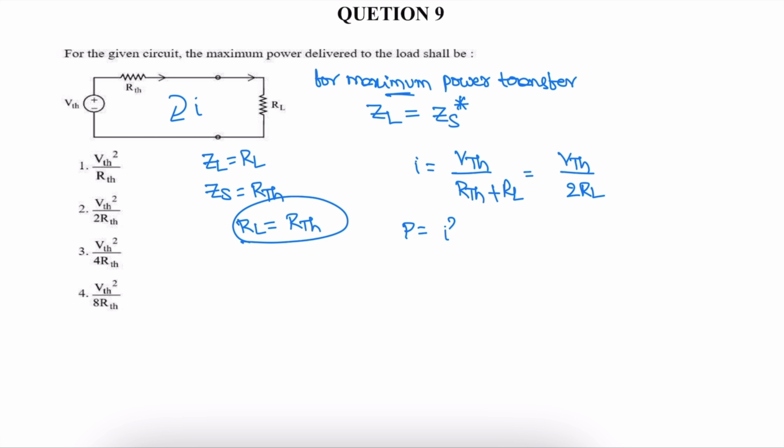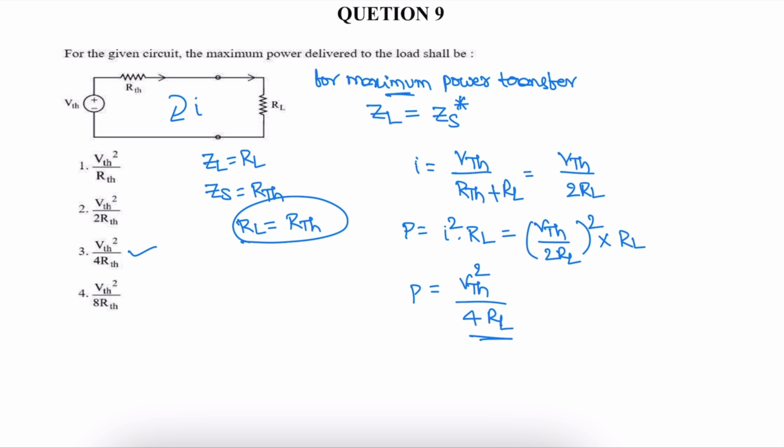Power is I square into RL, that is VTH by 2RL whole square into load resistance. So VTH square by 4RL is the maximum power that can be transferred to the load. VTH square by 4RL, option 3. Next question.